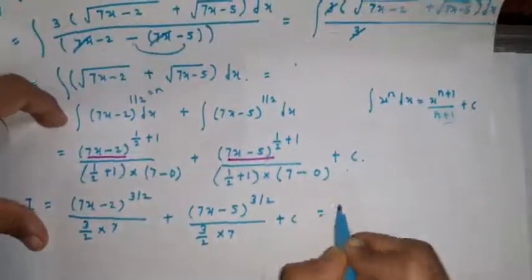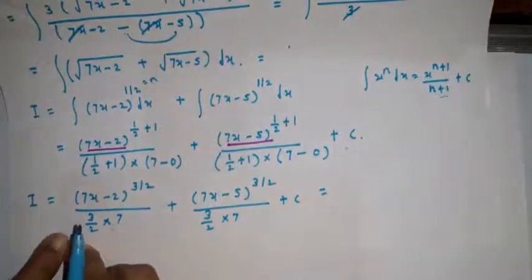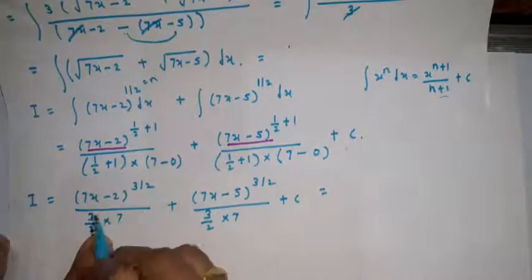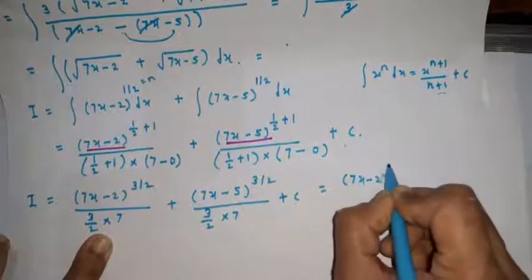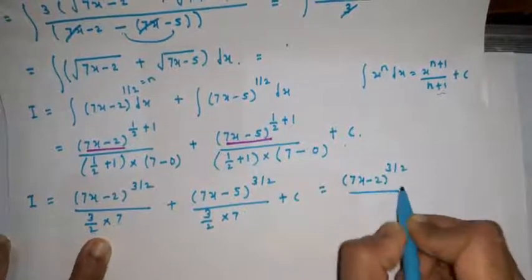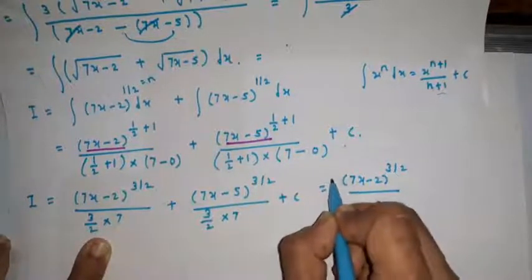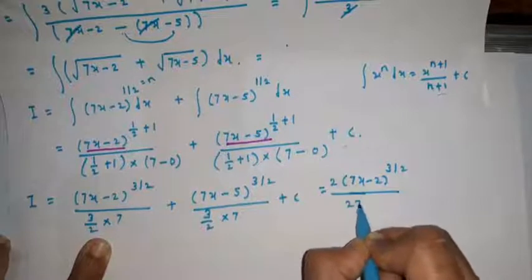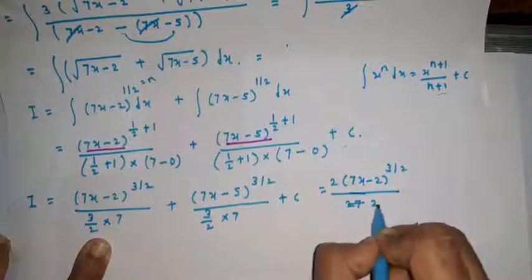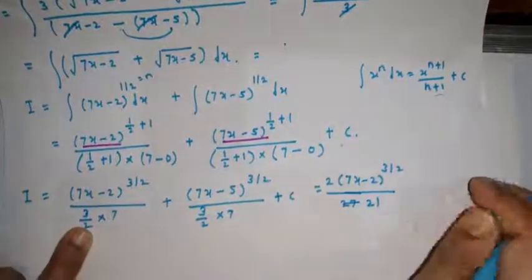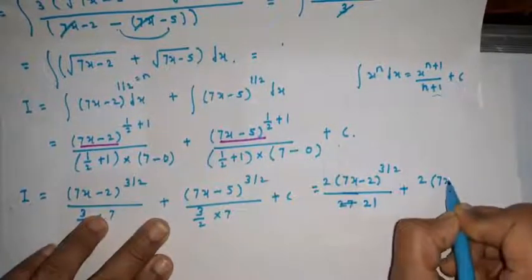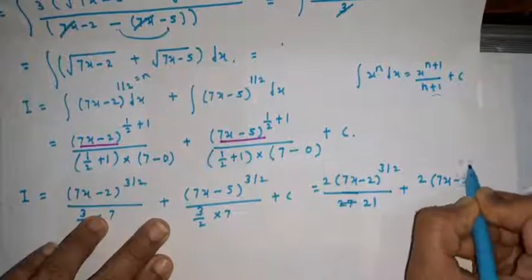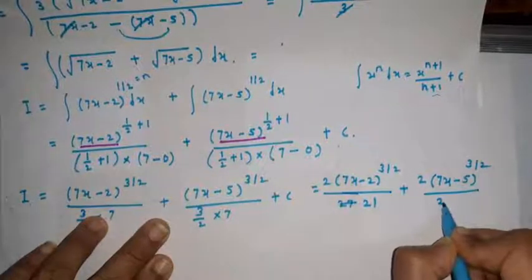And students, we can simplify the terms: 7x minus 2 raised to 3 by 2 upon, 7 into 3 is 21, times 2, that is 2 by 21, plus 2 into 7x minus 5 raised to 3 by 2 upon 21.